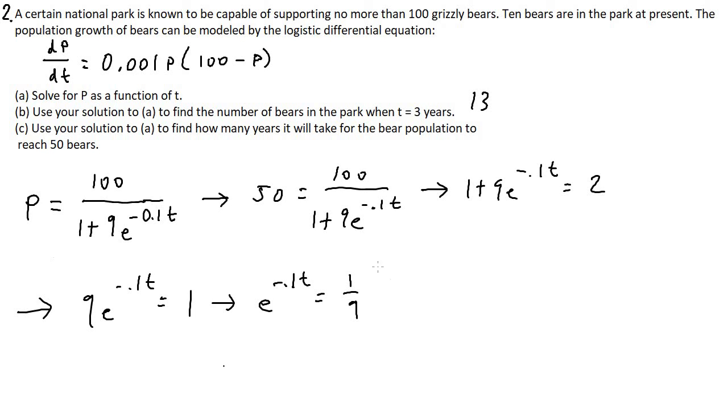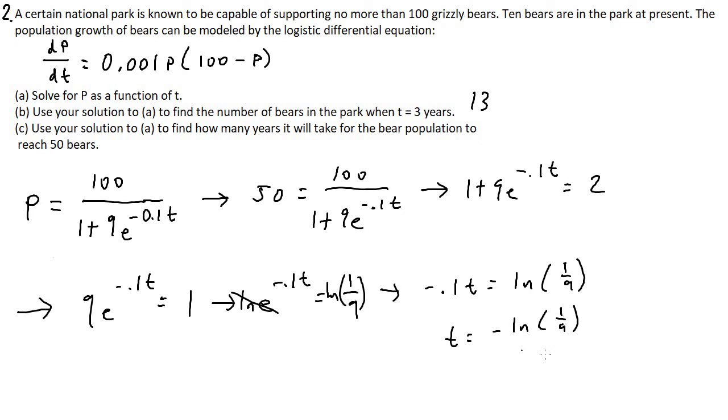Now to get rid of the e, I can natural log both sides. The natural log and the e's will cancel, so negative 0.1 t equals the natural log of 1 over 9.